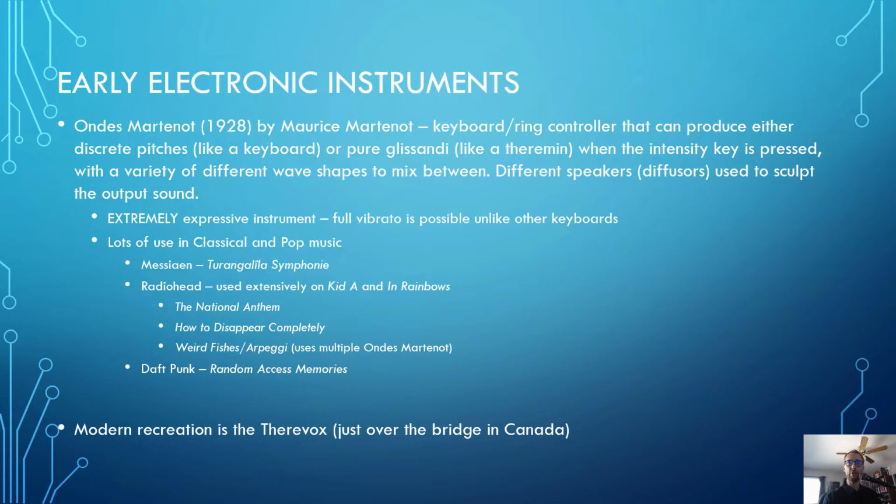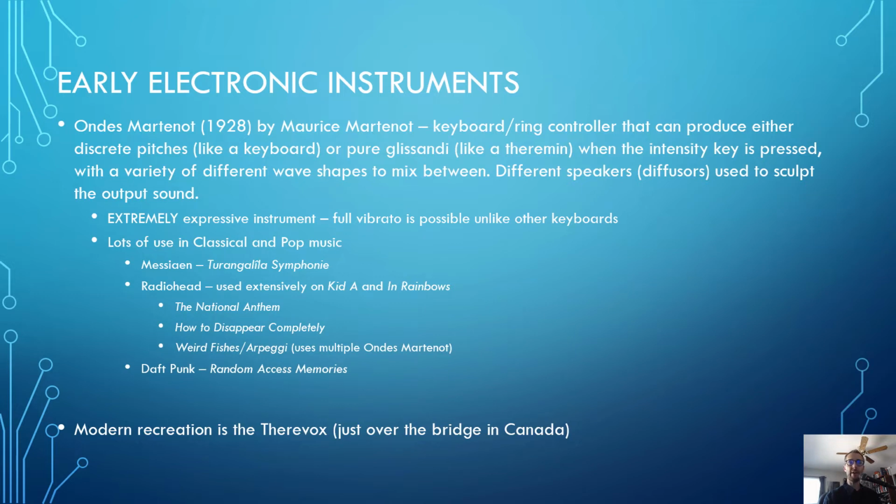It is extremely expressive. Unlike any other keyboard instrument, full vibrato is possible. You can use the ring controller to get vibrato similar to wiggling your finger on a violin or on a cello. Because of this, it was very popular in both classical and pop music.